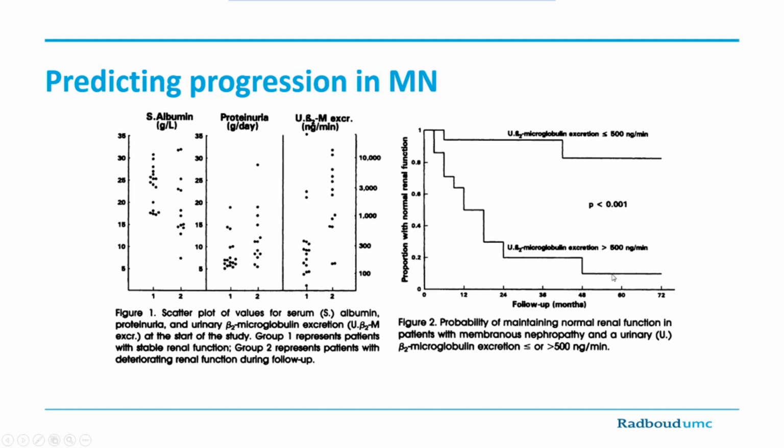So this was actually one of the first markers to be discovered to make an early distinction between people who progress and don't progress, and to base treatment on. So this is one of the earliest examples of a more personalized treatment.